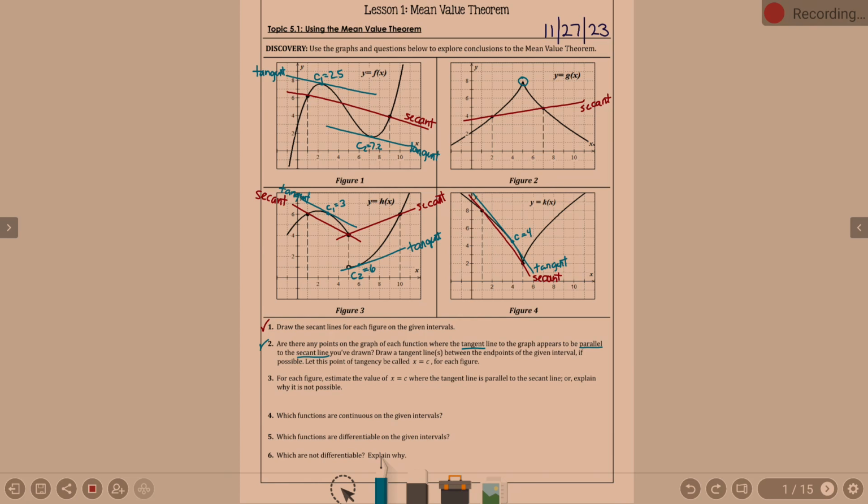For each figure, estimate the value of x equals c, where the tangent line is parallel to the secant line, or explain why it is not possible. On figure 1, we said that C1 is 2.5, and C2 is 7.2.